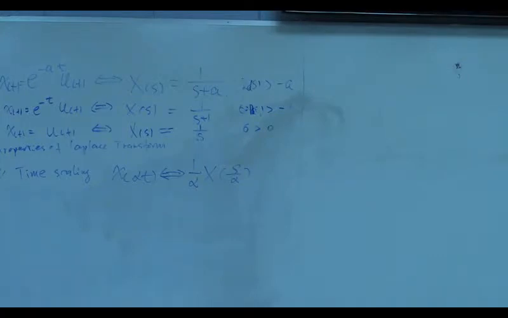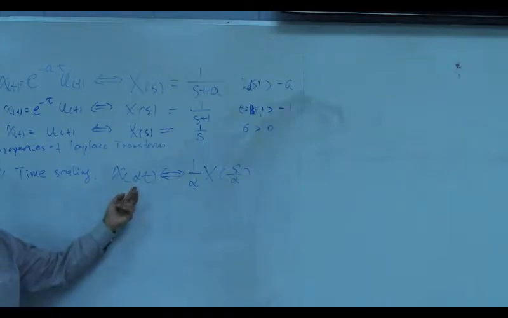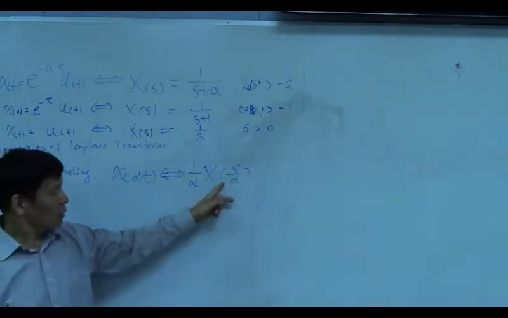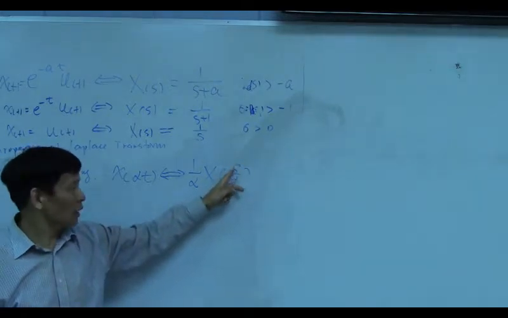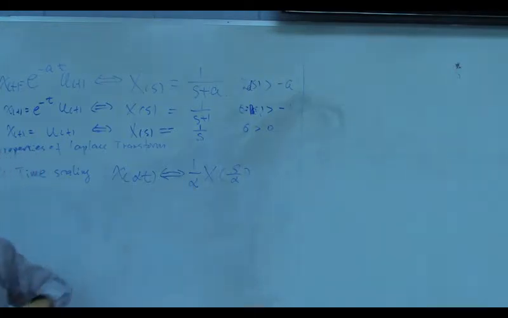All these properties can be proved, but we don't do that. We only need to know how to use this. If x(t) gives capital X(s), and then you multiply t by alpha, then the Laplace transform is you replace the original s with s over alpha, then divide by alpha.